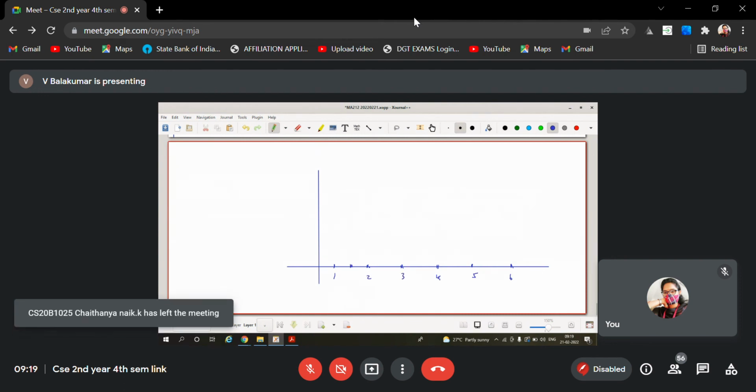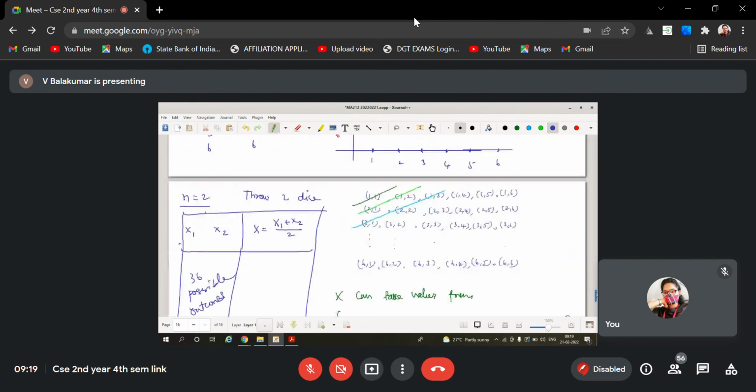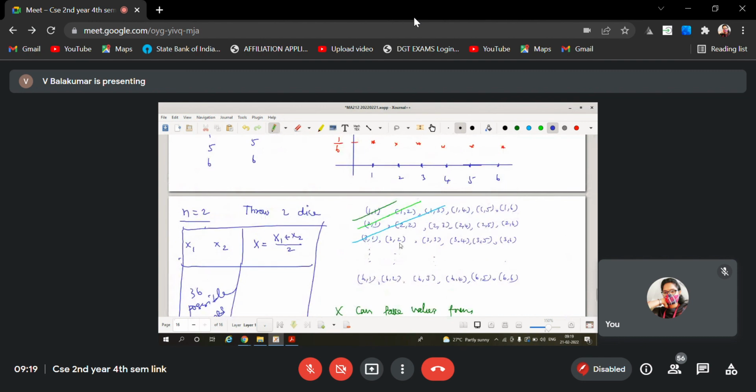Not only that, in between also we have values. What is the probability for capital X equal to 1? That means the summation is 2. The probability for sum equal to 2 is only 1 out of 36. Do you understand this?